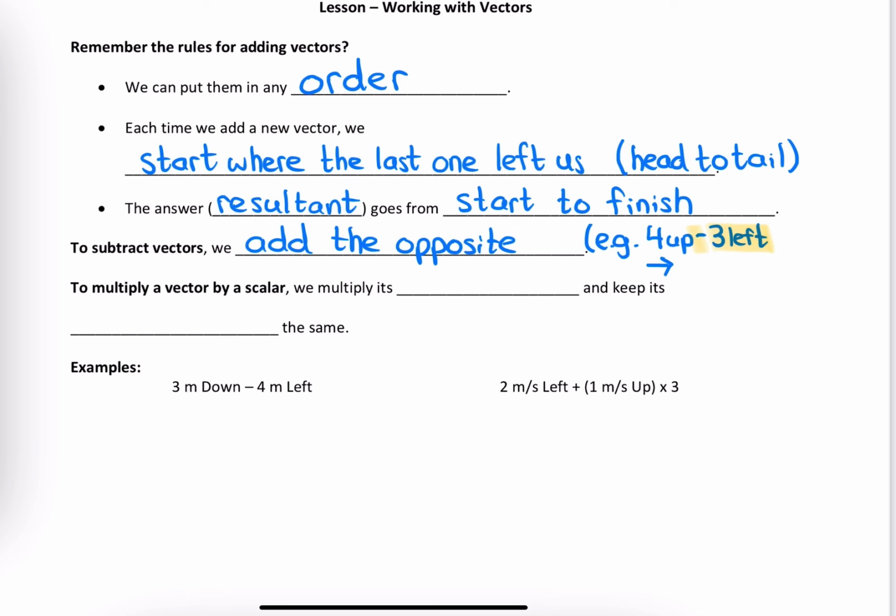So the opposite of 3 left would be 3 right. And I can rewrite this as 4 up plus 3 right.